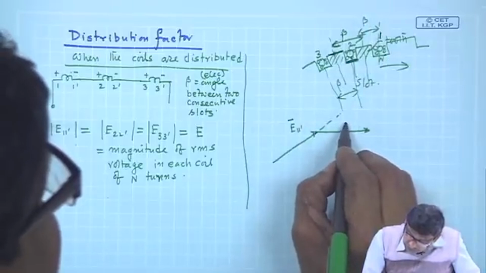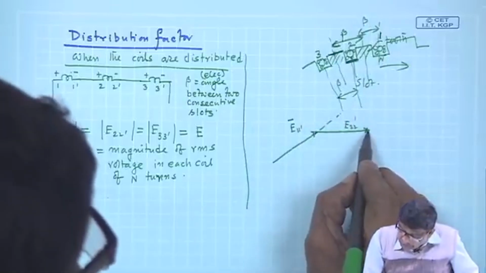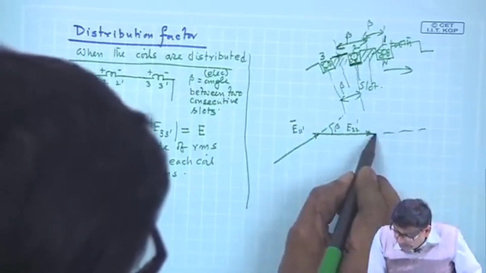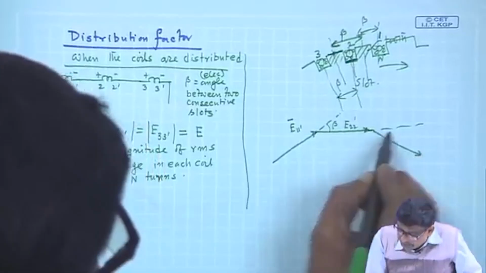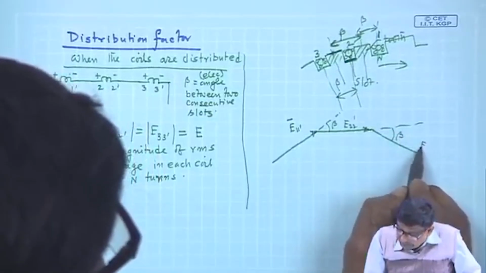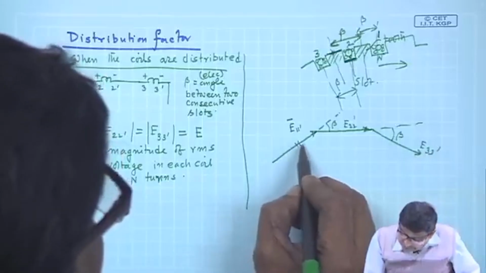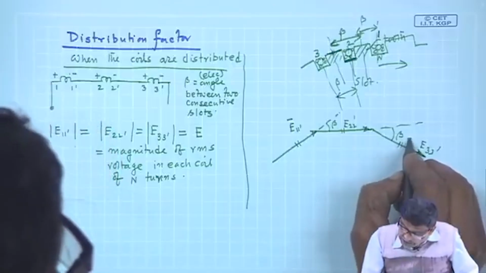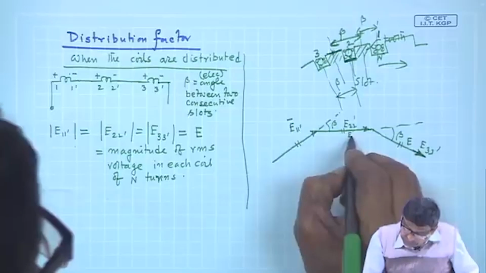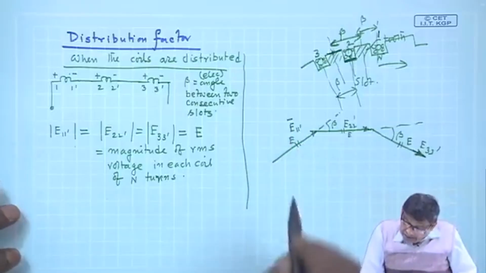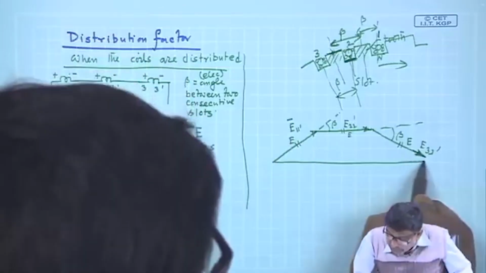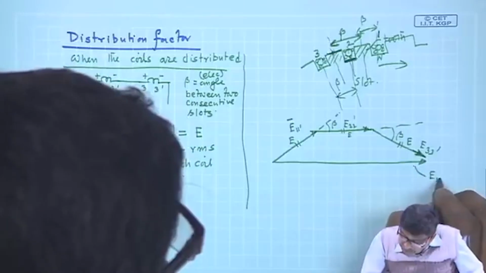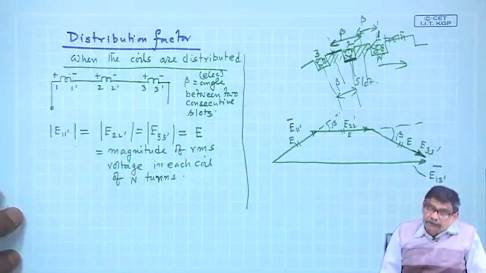So, this is E 2 dashed, and E 3 dashed will lag once again by beta. This length and this length are all equal and equal to E. This is E, this is E, magnitude E, and the resultant voltage will be this one.